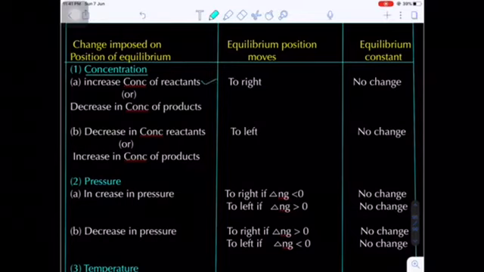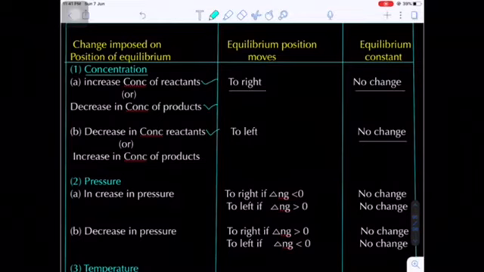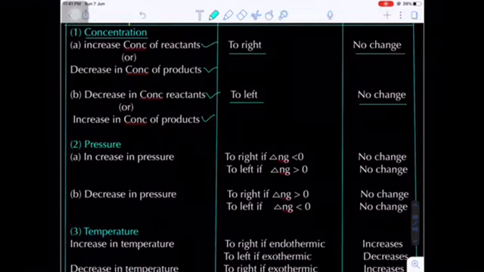Increase in the concentration of reactants or decrease in the concentration of the products: equilibrium favors the forward direction, towards the right side. There will be no change in the equilibrium constant. Unless the temperature changes, the equilibrium constant does not change, remember. Next, decrease in the concentration of the reactants or increase in the concentration of the products, the system tends to move in the backward direction, that is to the left side. Are you getting my point?